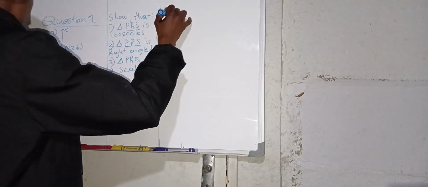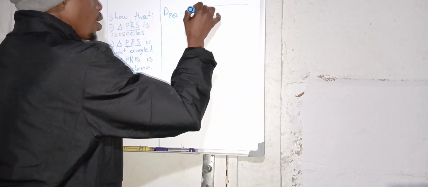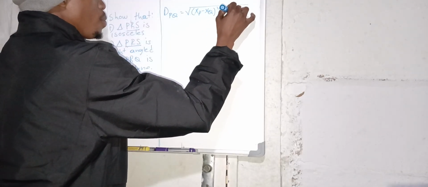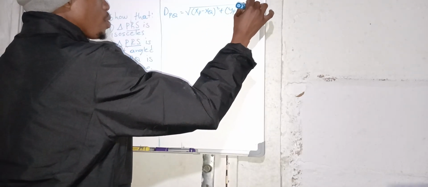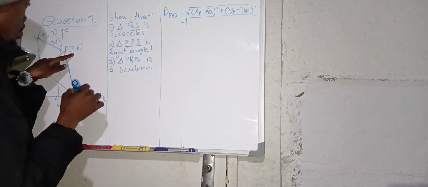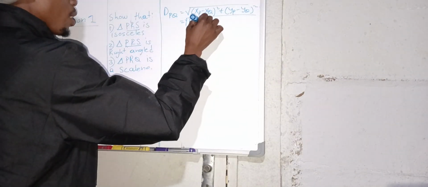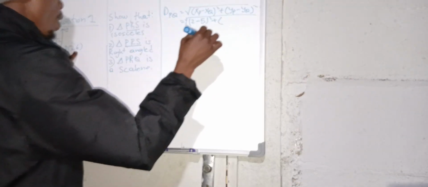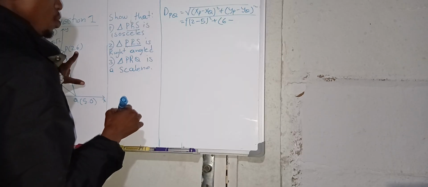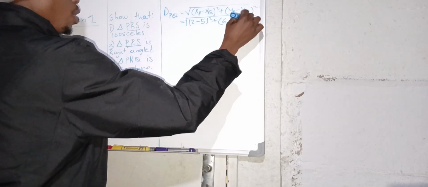So now let's find the distance of PQ. It's going to be XP minus XQ all squared plus YP minus YQ all squared. XP is 2 minus XQ, which is 5, all squared, plus YP is 6 minus 0, squared.